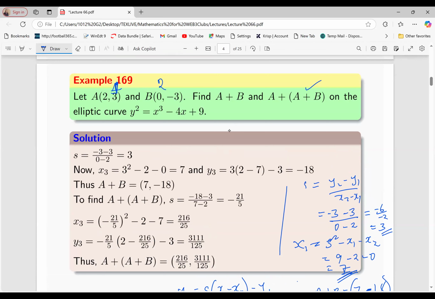Now add a to this sum. A is still there. And the sum we've just obtained, which we now call C, is the point 7, -18 we've just obtained.